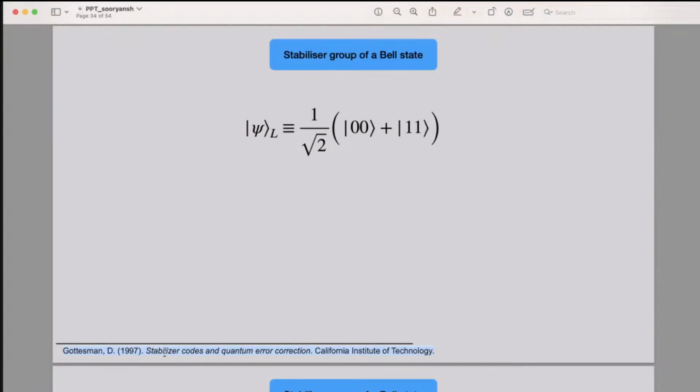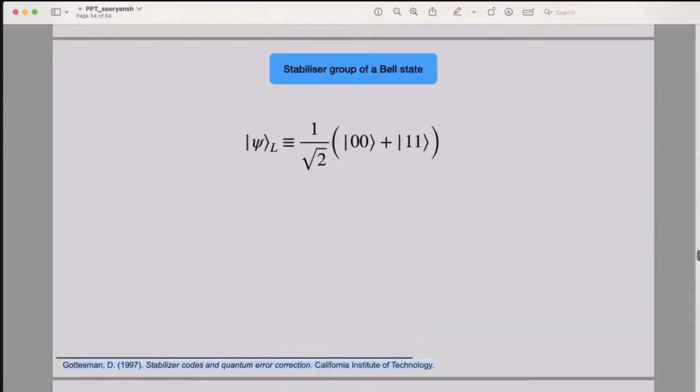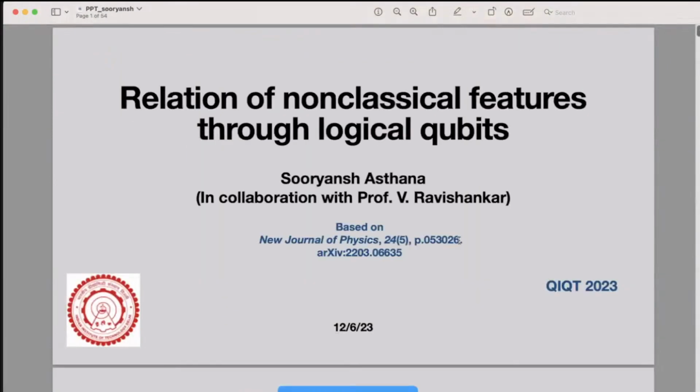Or one can look at the paper which I have shown in the first slide. In these we have put all the references. Okay, thank you.